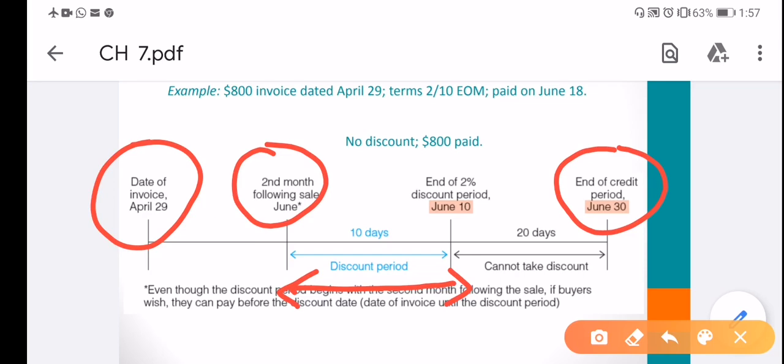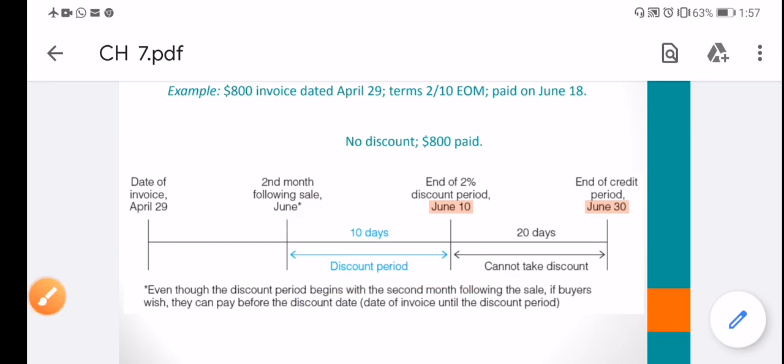So we paid on June 18. So June 18 is here, after the discount period. So we will not take a discount on this 800 US dollar, and we have to pay the whole amount.